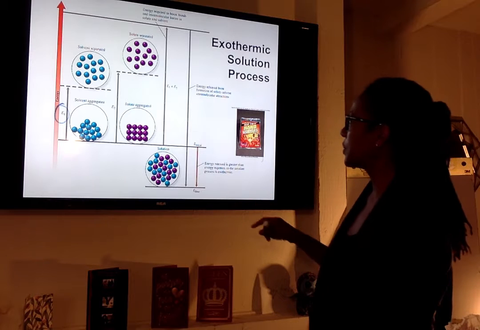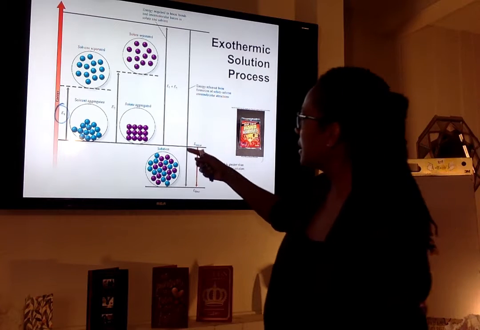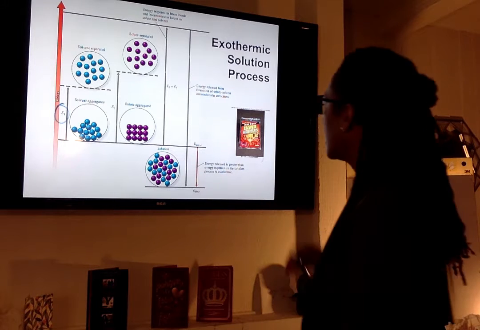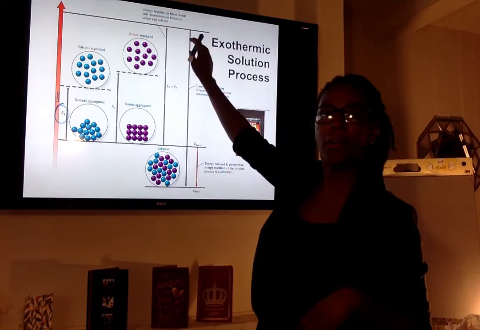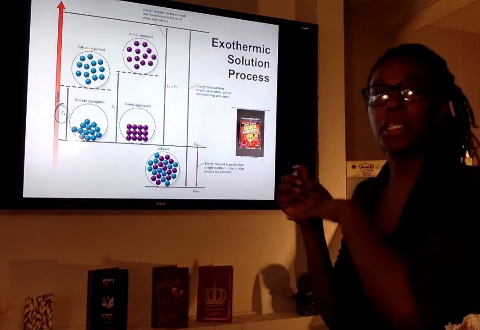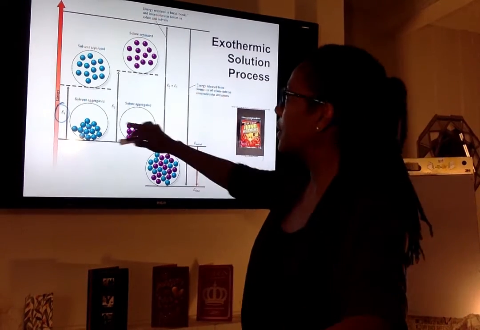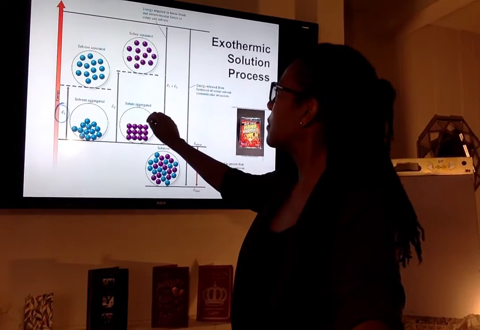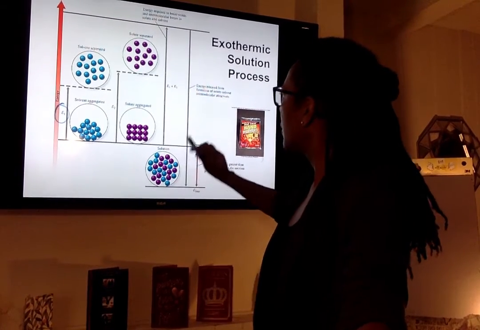So the solution is exothermic. The amount of energy that is needed to create this solution is less than the energy that's given off. So if it takes more energy to break the solvent and the solute down, right? There's more energy in this process and this process than in this process.